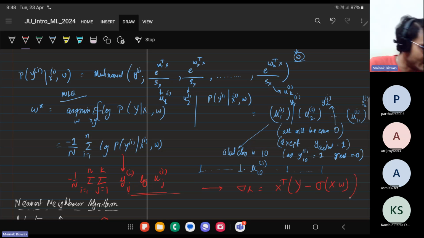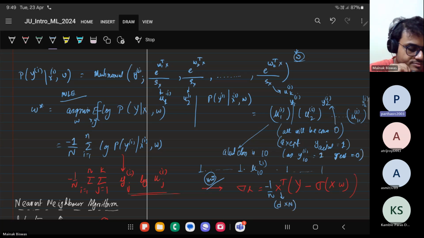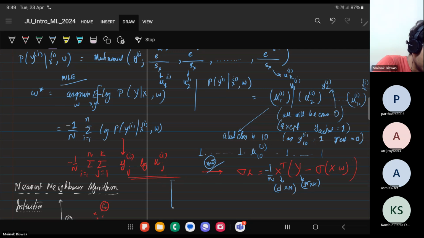But here you'll have to be a little bit careful about the dimensions. What is the dimension of x? This is your homework. X transpose is d cross n. Y is n cross k, not n categories.